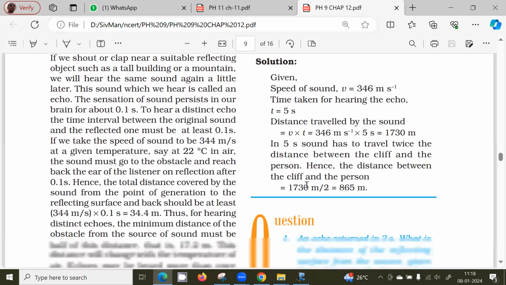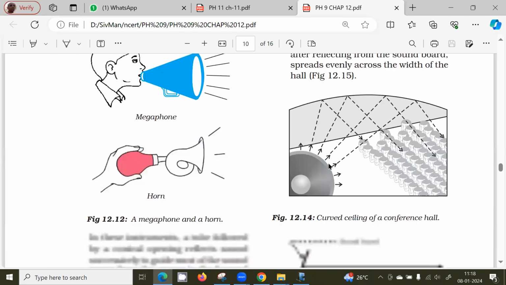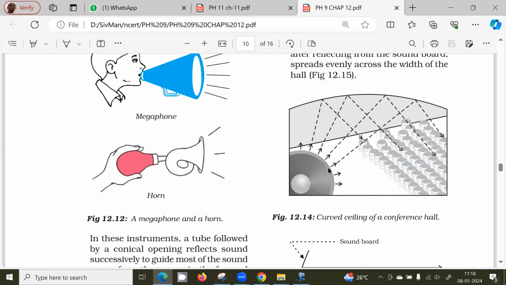Suppose this echo is creating a problem, because you will hear one sound directly from the source to the person. The second sound is this echo. If you're clapping your hands in front of a mountain, hearing it twice, that's fine. But if you're sitting in the auditorium and hearing two sounds, it'll be more like a nuisance, right? So one way is to reduce the amount of sound that's getting reflected.